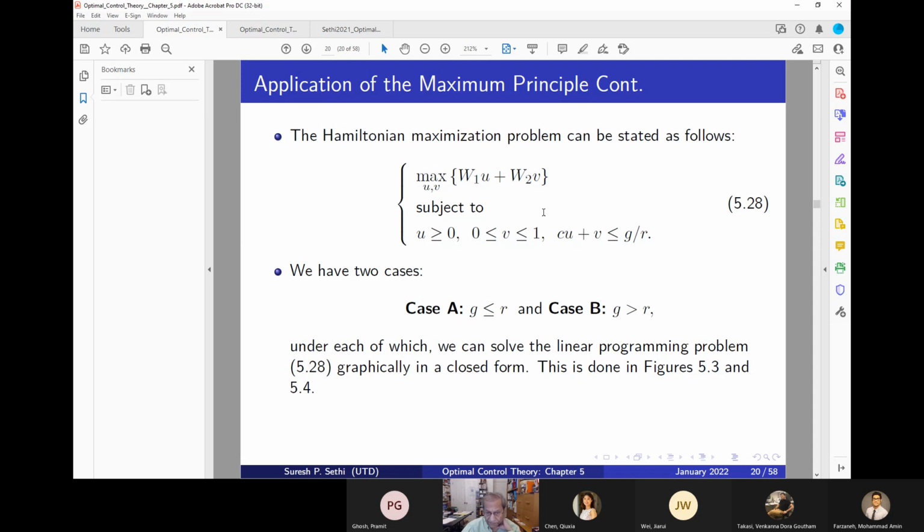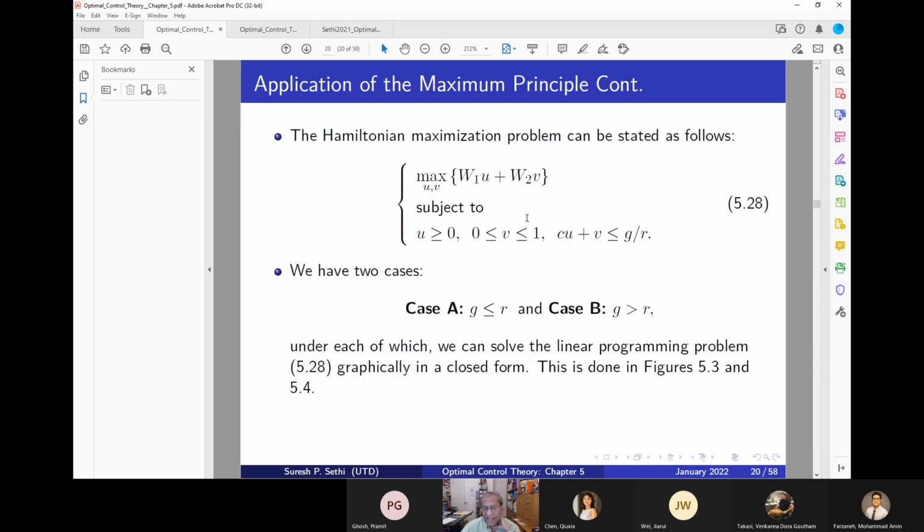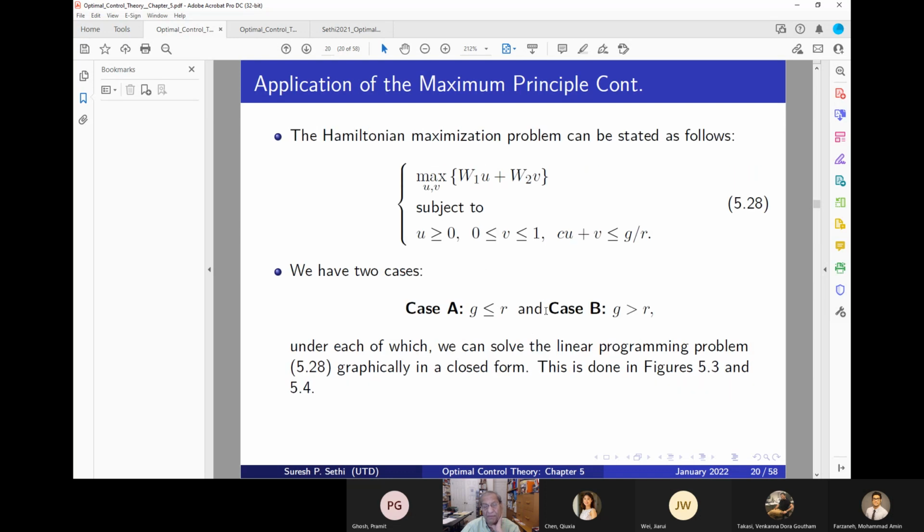Notice now that W1 and W2 depend on these guys, and lambda is changing over time, so this problem is to be solved at each point in time t. If you learn linear programming, you will also learn parametric linear programming. It means that you solve the problem at time 0, then you change the time and see whether the solution still stays the same.